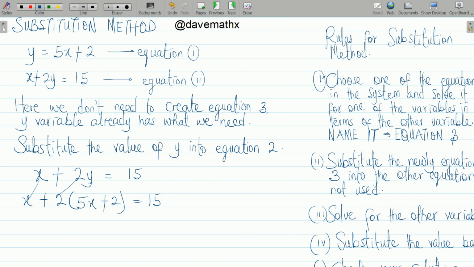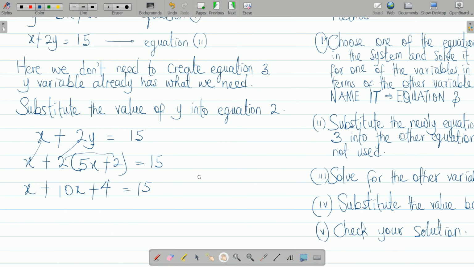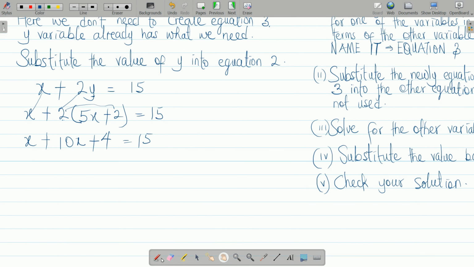Next we multiply the value of 2 by 5x, then we have 10x plus 4 equals 15. X plus 10x is 11x.